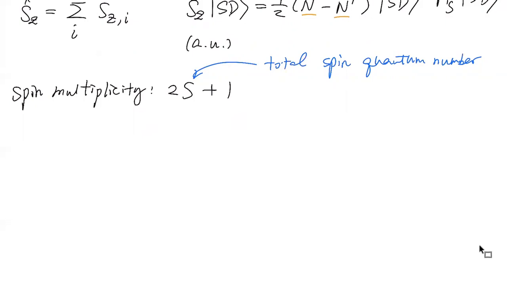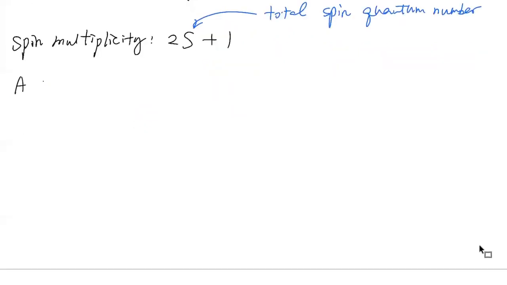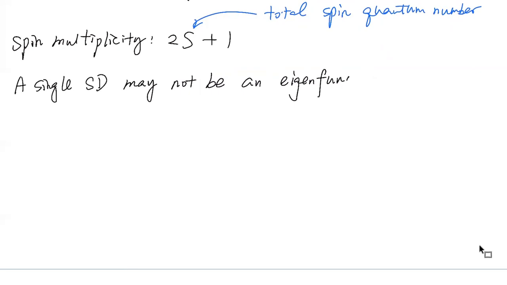And this S is the total spin quantum number. However, a single Slater determinant actually may not be an eigenfunction of S squared. This is very important.